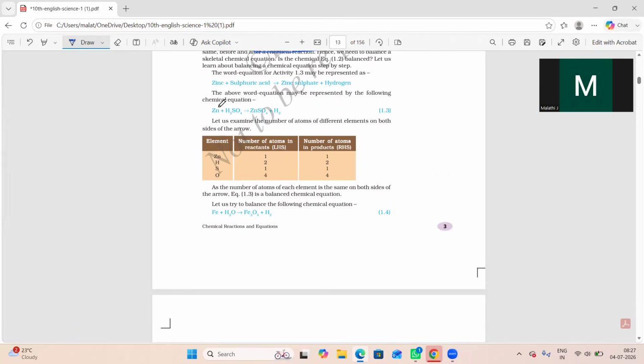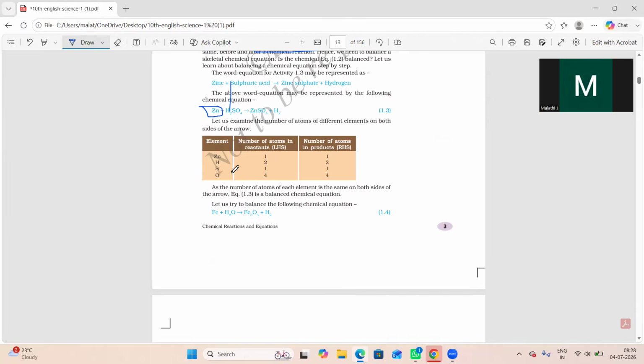You have to write the names of the atoms first. What are the atoms present here? Zinc, hydrogen, sulfur, then oxygen.